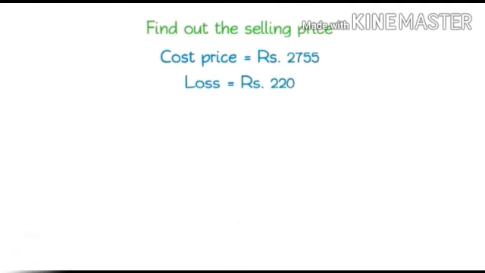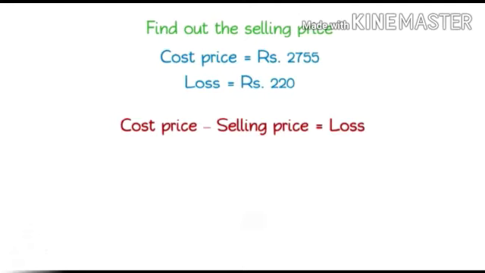Find out the selling price if cost price is 2755 rupees and loss is 220 rupees. The formula for loss is equal to cost price minus selling price.